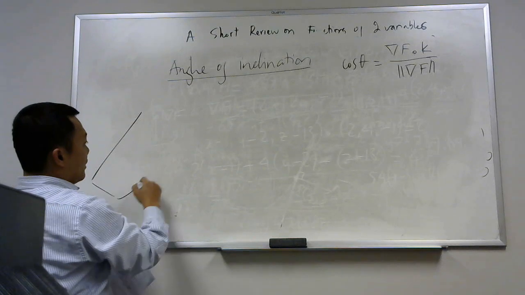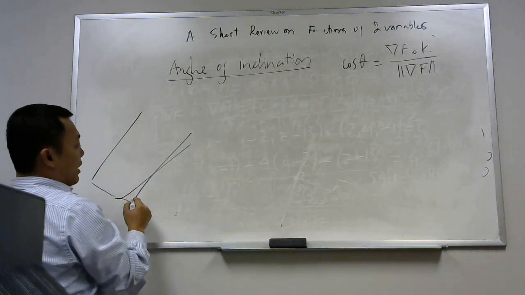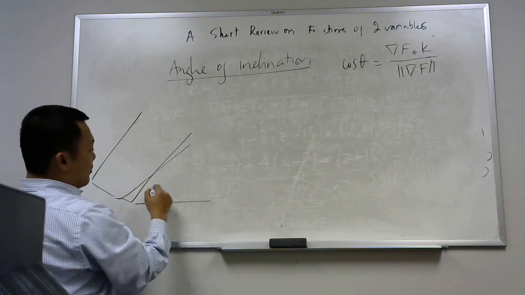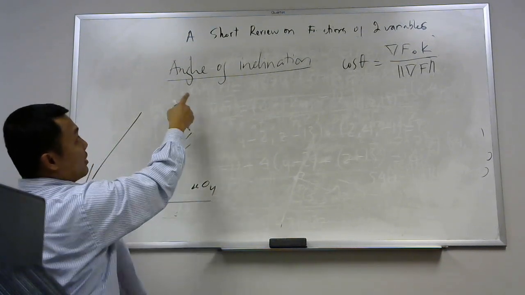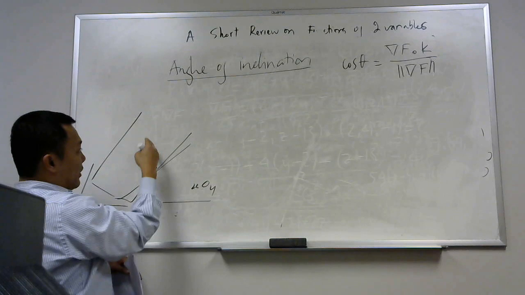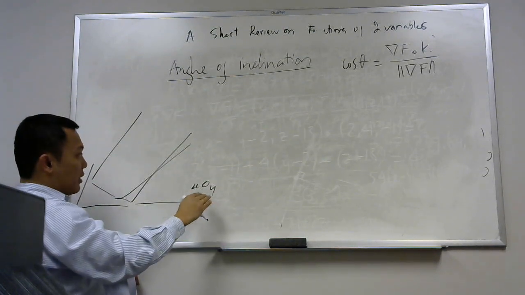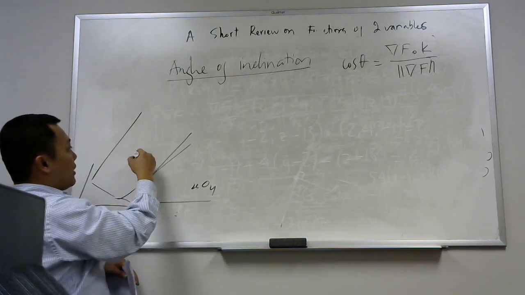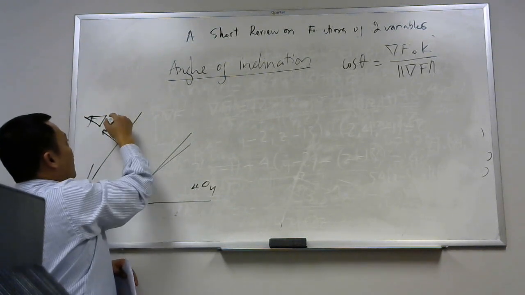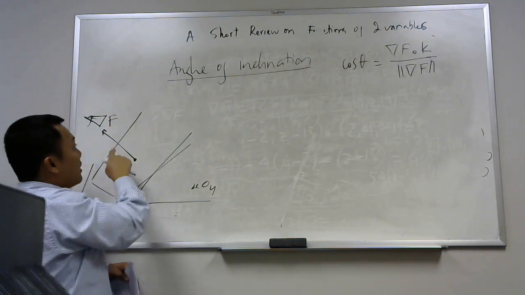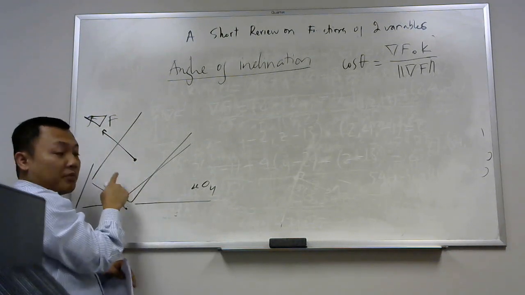Actually we have the following one. Here's your plane, right? And suppose this is some kind of x-y plane. Because the angle of inclination is the angle between this plane and the x-y plane. So how to see that? This is the gradient vector, because that is the normal vector to this tangent plane.